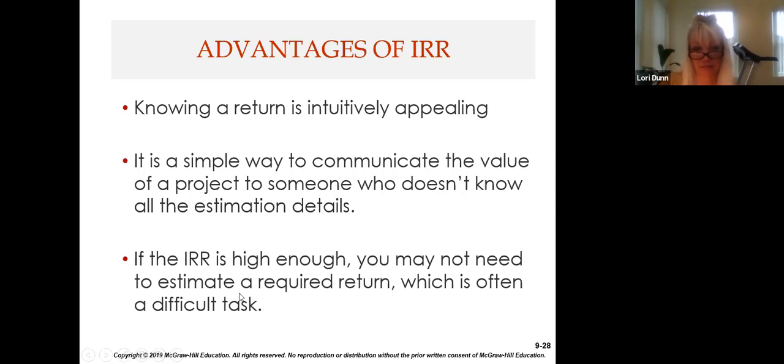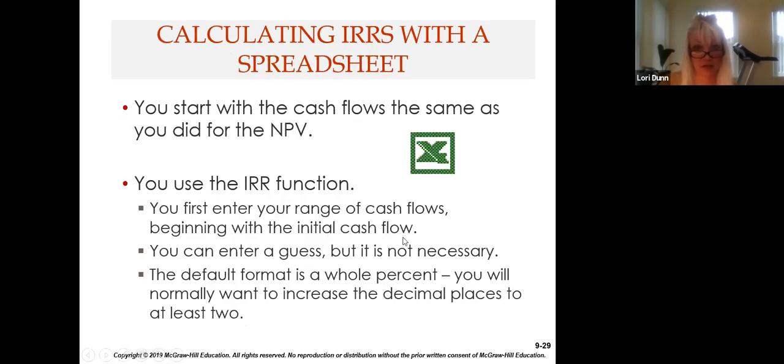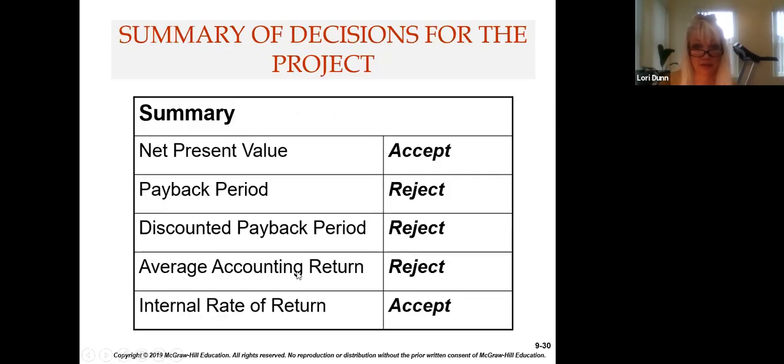Okay, so yes, we should consider internal rate of return as one of our decision criteria tools. Then we talked a little bit about the advantages there, and there was the spreadsheet. Just to review, before we get into the new stuff today, the net present value for the project we looked at the other day said accept it, because it was positive, I think 12,000 something. Payback period said no, don't. So did discounted payback period and average accounting return.